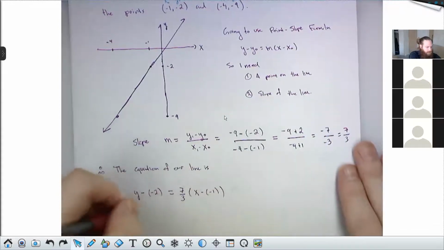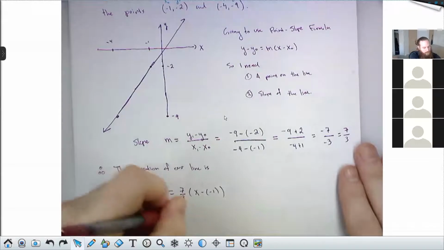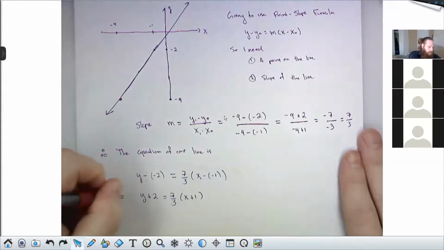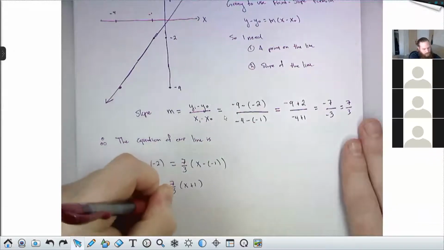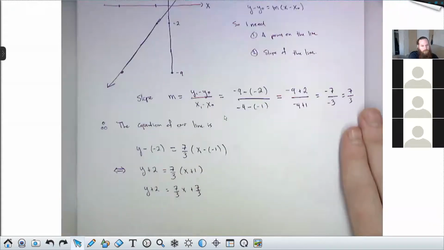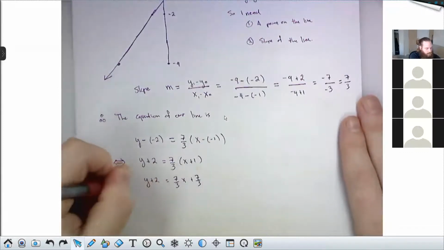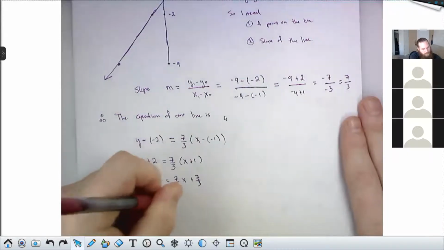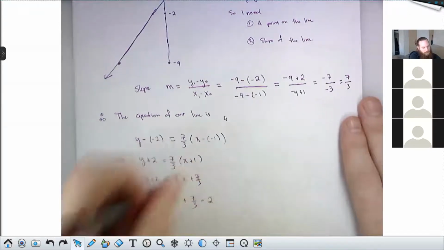So let me clean this up just a tiny bit. This is y plus 2 equals 7/3 times x plus 1. And if we wanted to put this into y equals mx plus b, I won't always do this, but we can. This is the same as y plus 2 equals 7/3 x plus 7/3. It's healthy practice with fractions to see what we get when we subtract this 2 over. This would be y equals 7/3 x plus 7/3 minus 2.